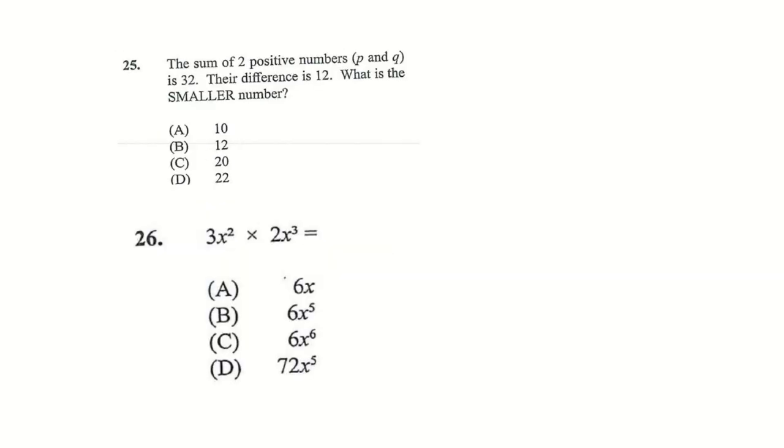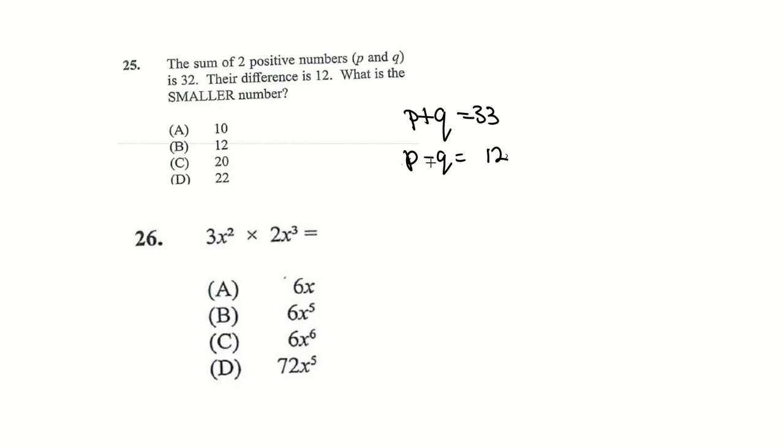Number 25, the sum of two positive numbers, P and Q. So P plus Q is equal to 32. P minus Q is equal to 12. Is this a simultaneous equation? It is. What is the smaller number?